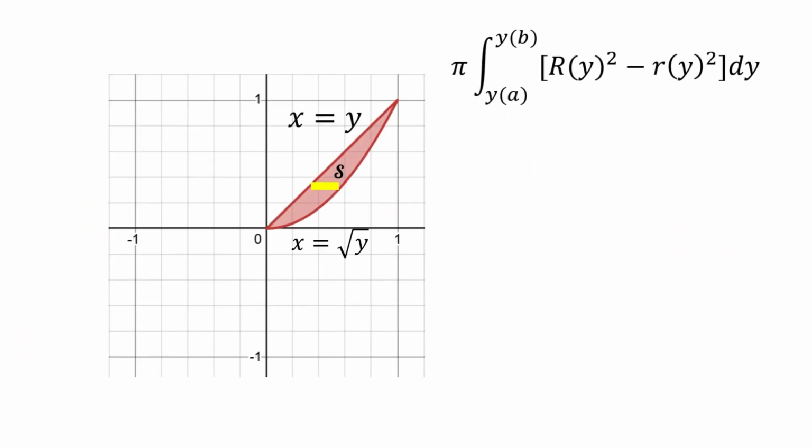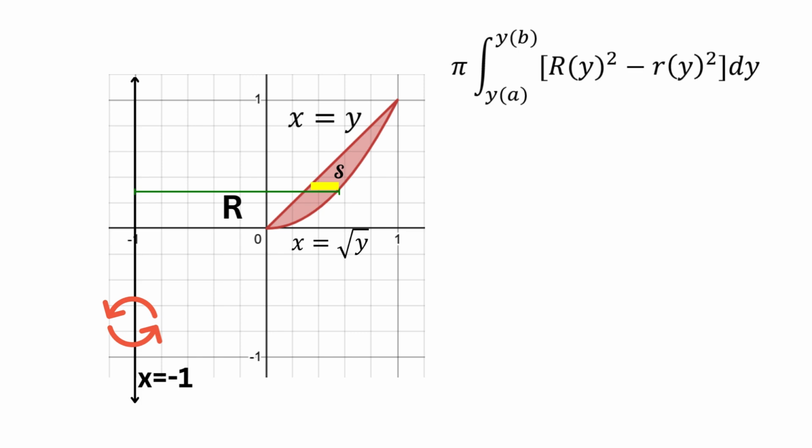Okay, in our last example, we're going to switch the line of rotation to x equals -1. Notice how now the big R has switched. We're using the distance farther away on the yellow partition, and x equals -1 lies on that square root of y curve.